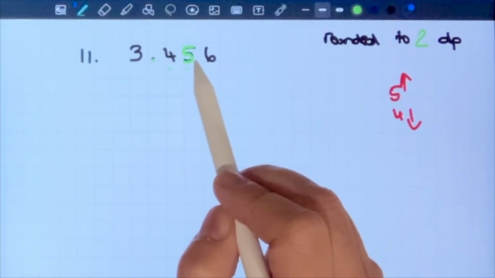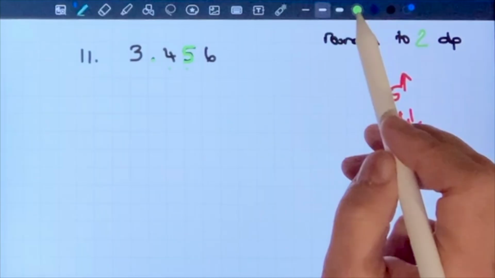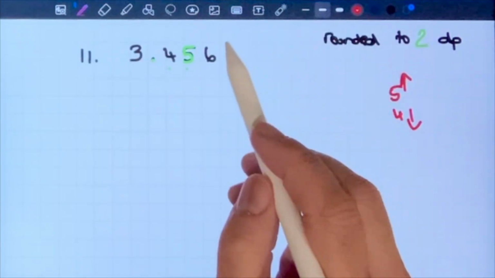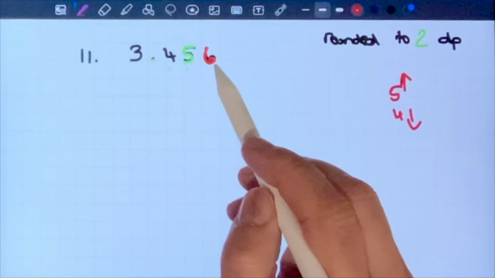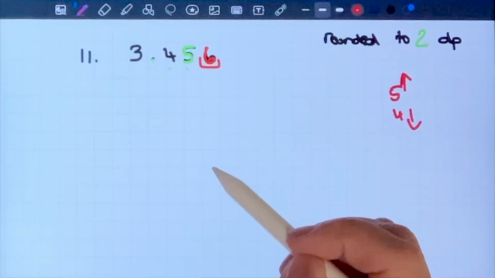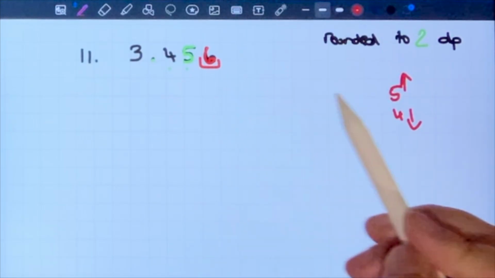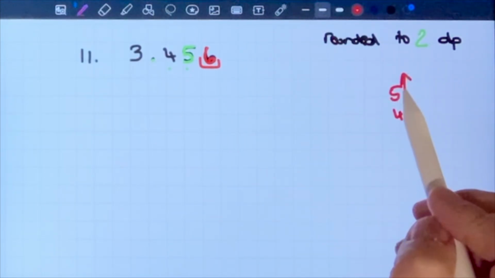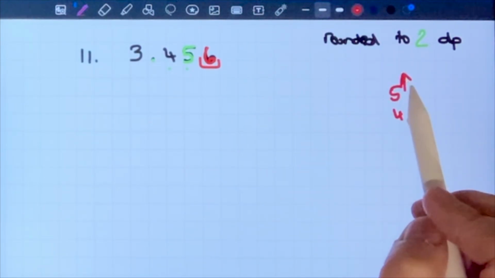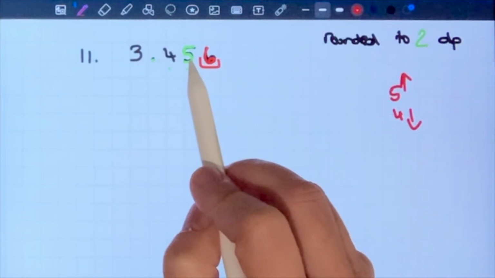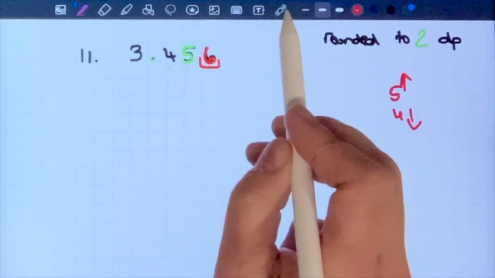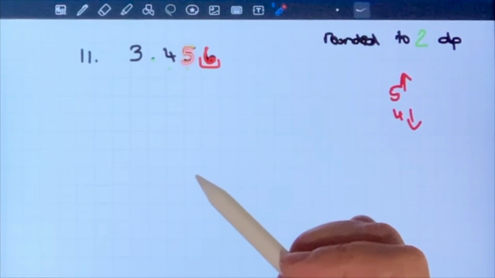And to know if it's going to get rounded up or down, I need to look at the critical digit, which again is going to be immediately to its right. And in this example it's a 6. So 6 falls into the category of rounded up. So now I know that this number will get rounded up.